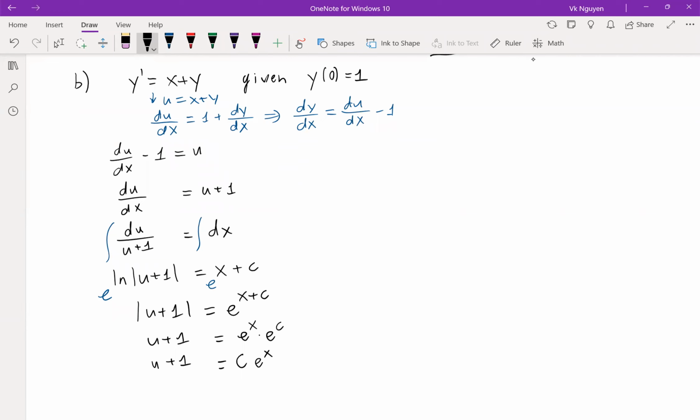Okay. And from here we see that we can replace u by x plus y. Sub it back. x plus y plus 1 equals c e^x, meaning that y is equal to c e^x minus 1. We're going to use the initial condition to get c.